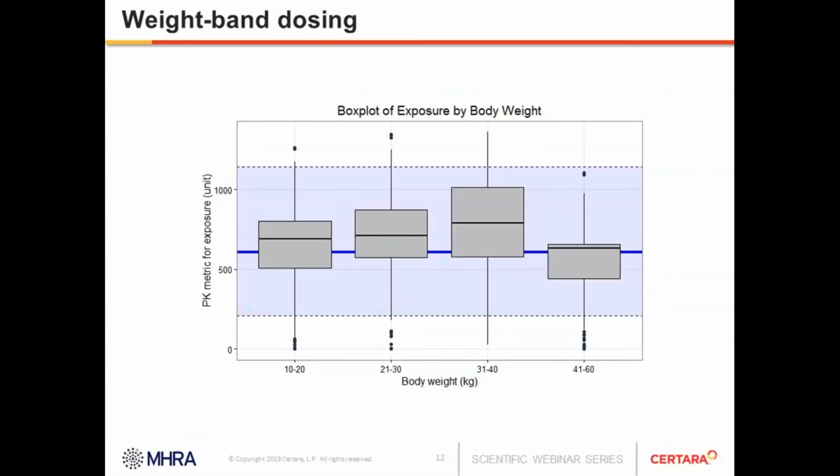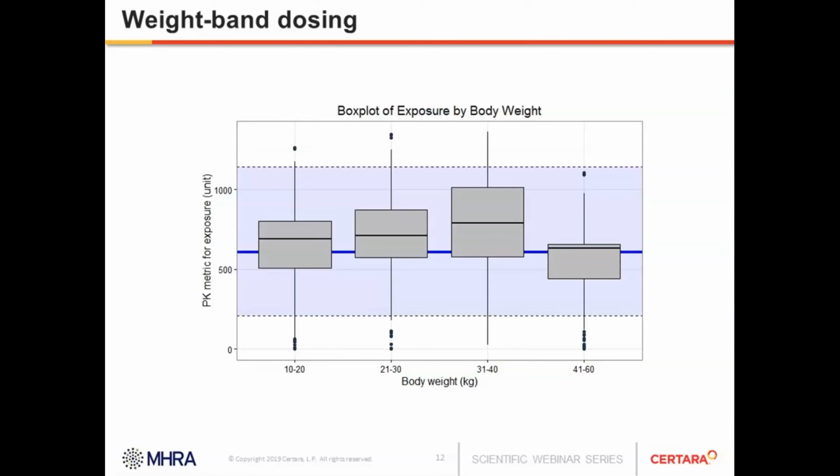So also when presenting dosing, if weight band dosing is being used, then the recommendation from the MSWP is that the exposure ranges predicted for the different doses of the subsets of the pediatric population should be visualized as box plots. Here you can see different weight bands, so 10 to 20 kilograms, 20 to 30, 30 to 40, and then 40 up to 60. Again, similarly to the previous graph, you can see the PK metric for the exposure, which could be Cmax, AUC, whatever.